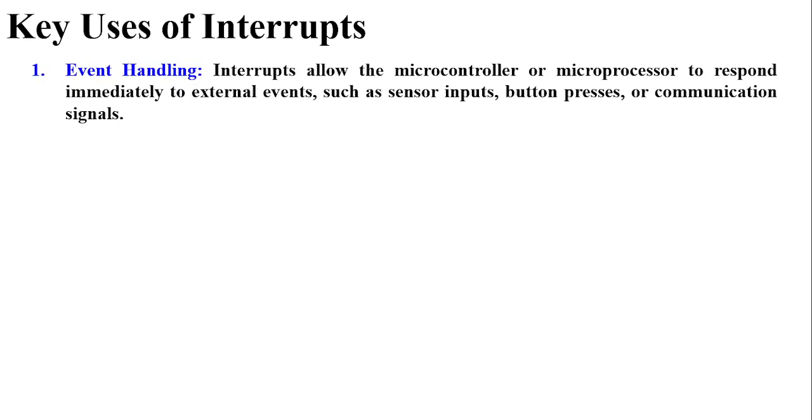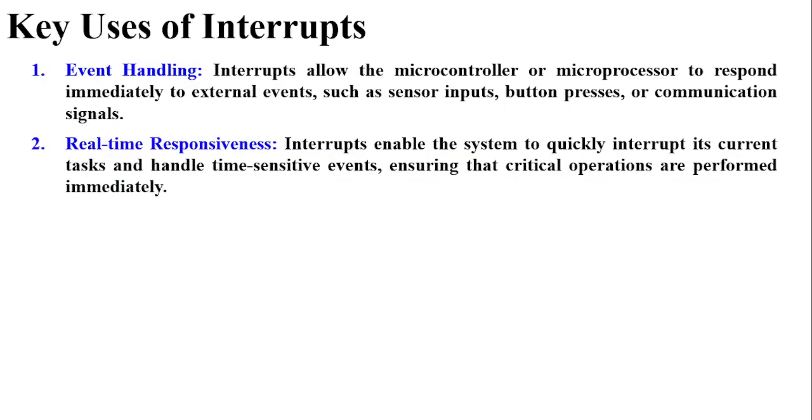So it will immediately respond to any external event such as sensor inputs, button presses, or communication signals. So in case you need any program to respond to an event such as sensor input, button presses, or communication signals, you should always implement interrupts in your program. Second, when we need real-time response.